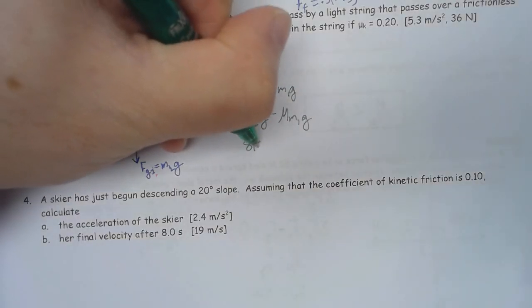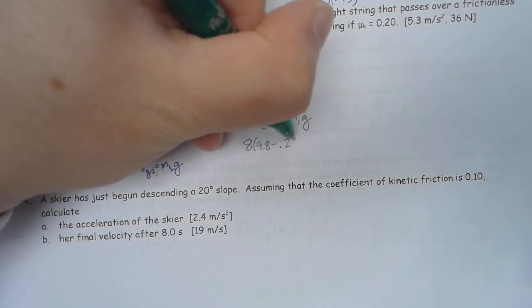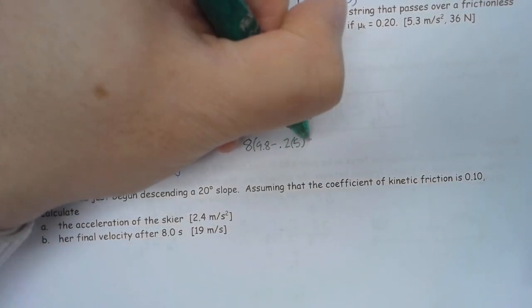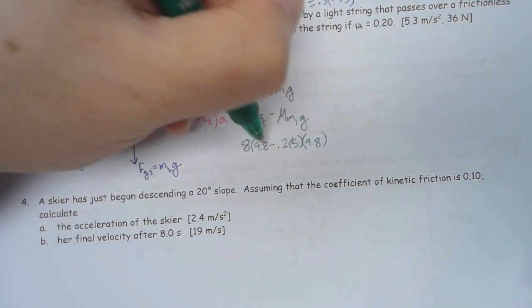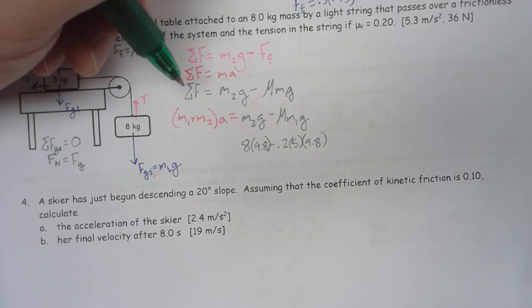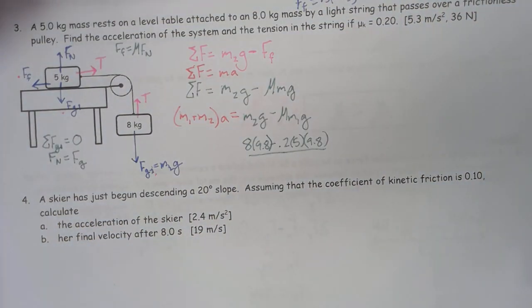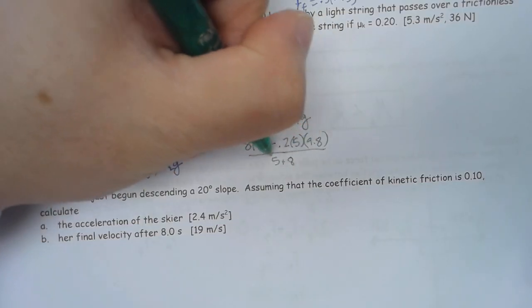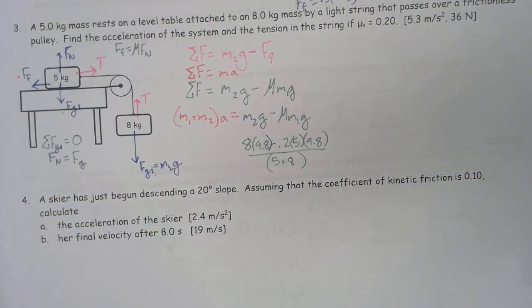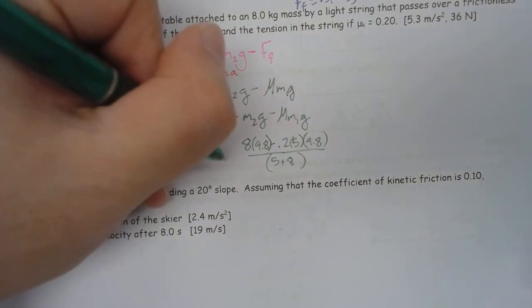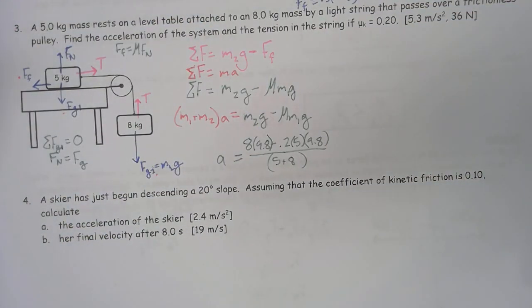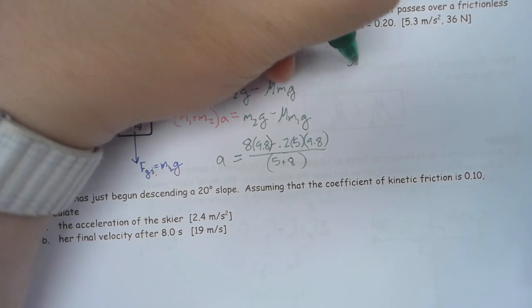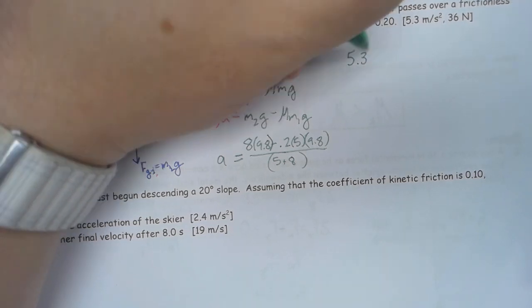Eight times 9.8 minus 0.2 times 5 times 9.8, divided by 13, equals A. I don't know what you get. 5.3? 5.3 what? 27?